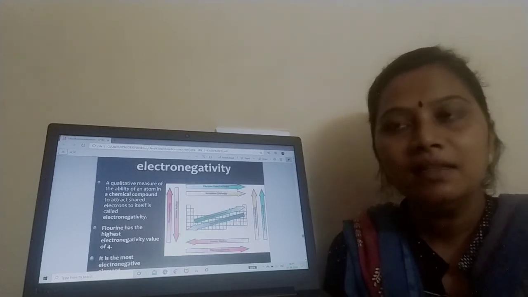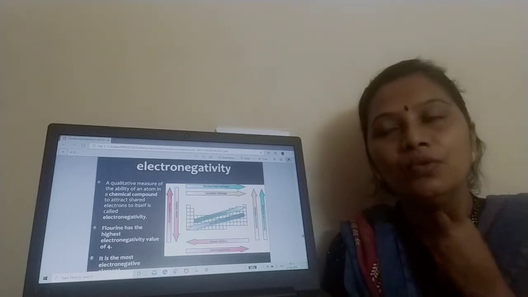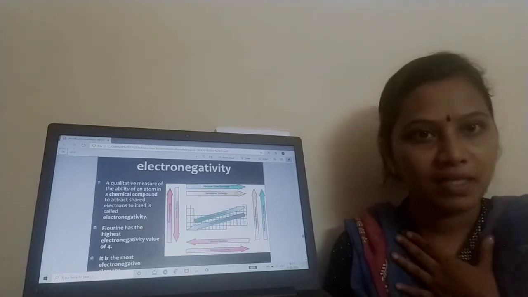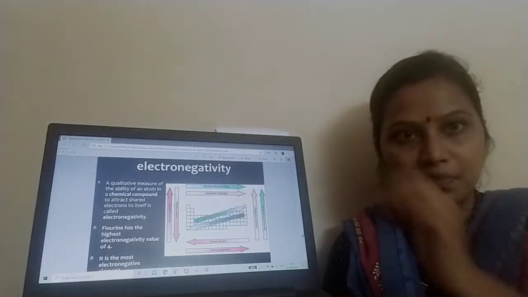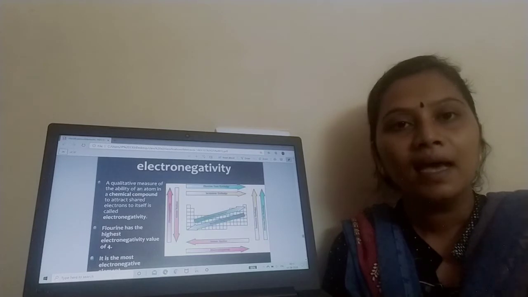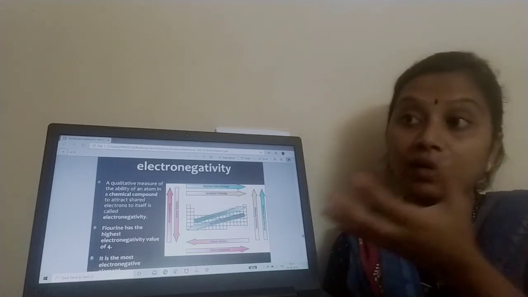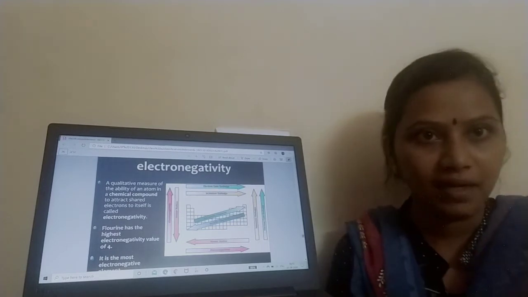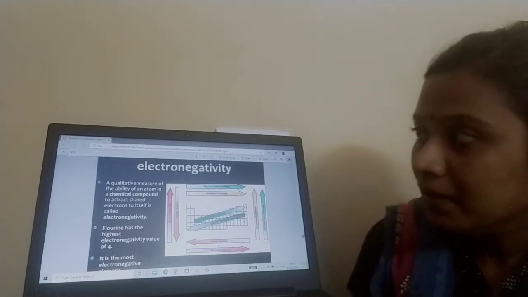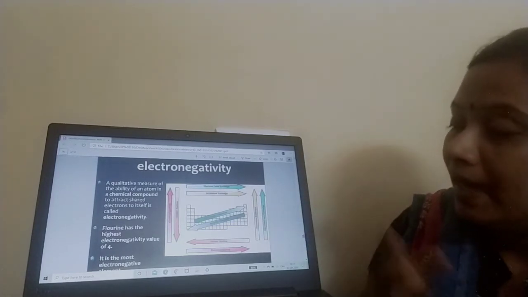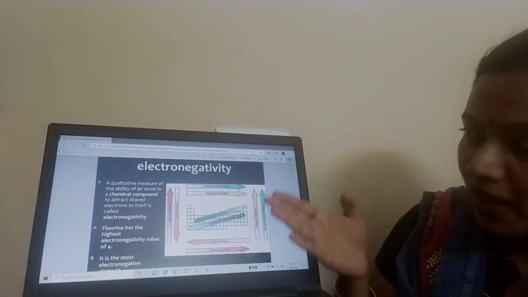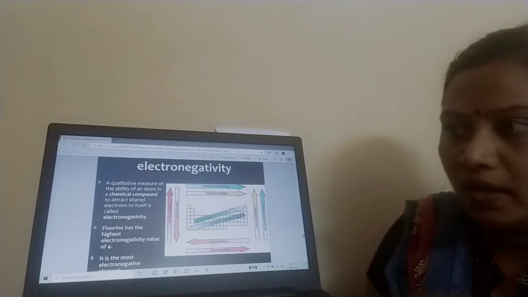Because there are two atoms sharing electrons, say I am A and my friend is B, we are sharing electrons, and the tendency of myself to attract the shared pair of electrons towards myself is electronegativity. I am repeating, this is a qualitative measure: the ability of an atom in a chemical compound to attract the shared electrons towards itself is called electronegativity.